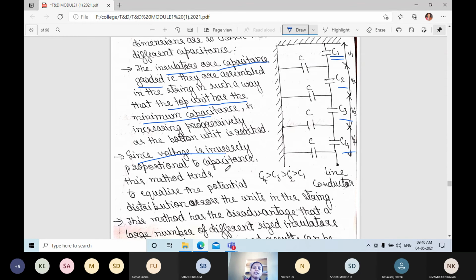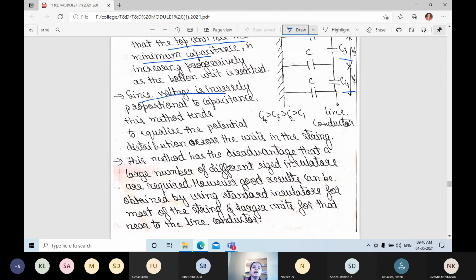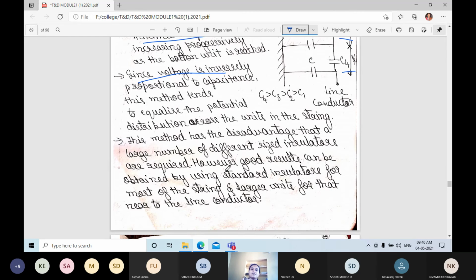This method has a disadvantage that a large number of different sized insulators are required, because we have taken different capacitance values, C1, C2, C3, C4. However, good results can be obtained by using standard insulators for most of the string and larger units for those near the line conductor.